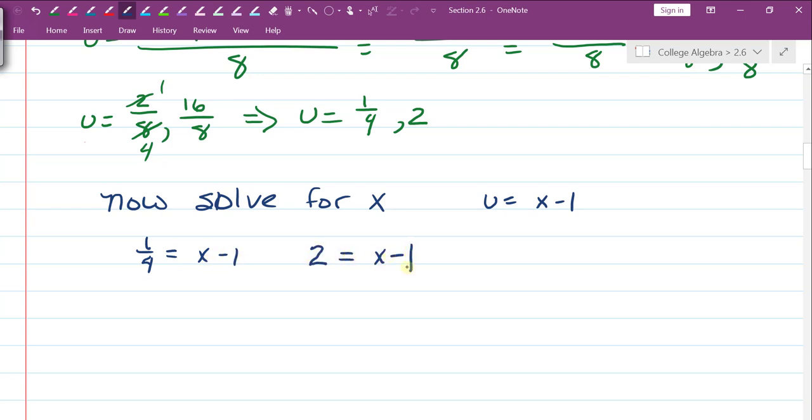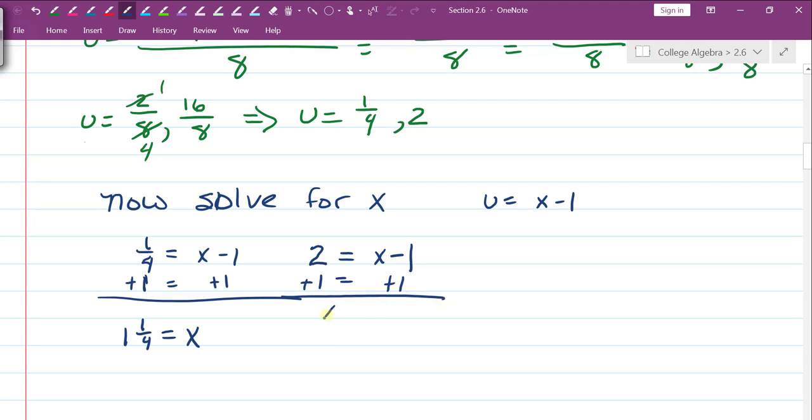Solve for x. So we're going to add 1 to both sides, and 1 1/4 is equal to x. And over here I add 1 to both sides, and I get x is equal to 3. Therefore, x equals 3 and x equals 5/4. That's 1 1/4, just written a little differently.